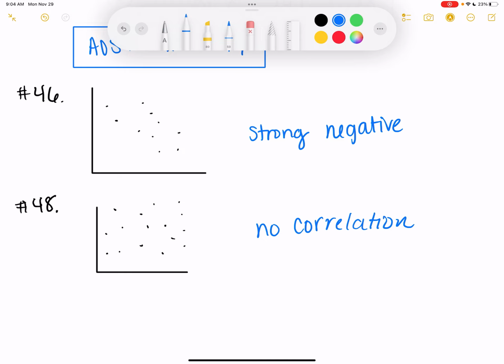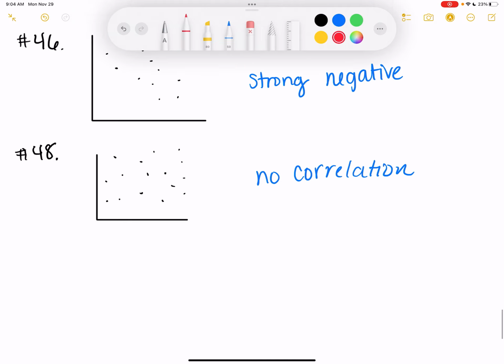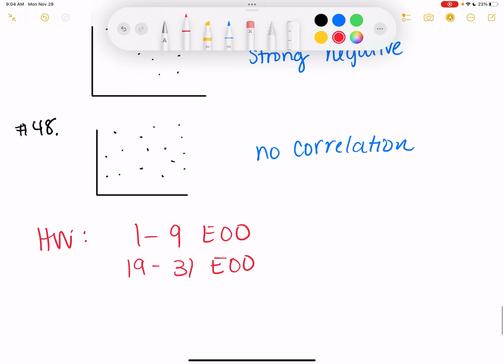All right, you have homework. 1 through 9, every other odd. 19 through 31, every other odd. Then 45, 47, 49.